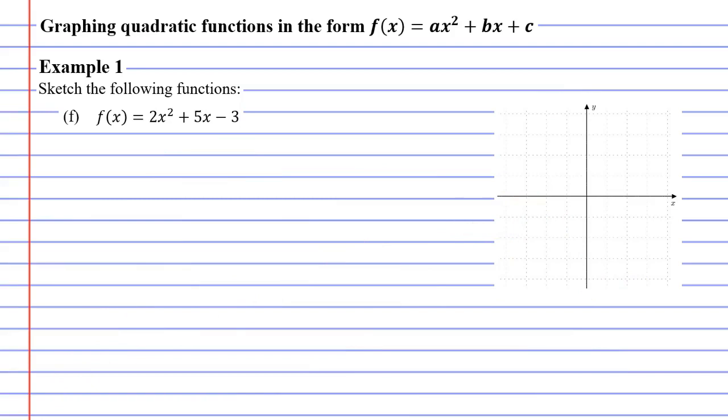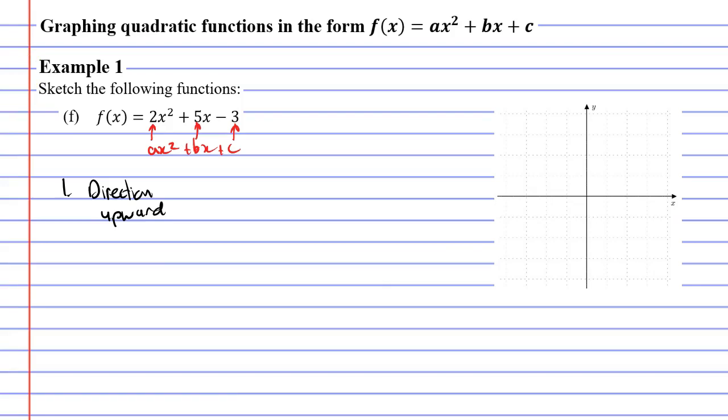Alright, let's now move on to question F. We have ax squared plus bx plus c. We can see that a is +2, b is +5, and c is -3. So the first thing we're looking at is the direction of our parabola. It's an upward facing parabola because a is positive.